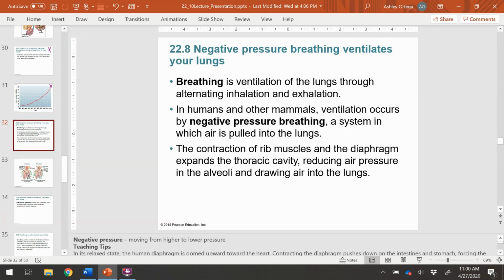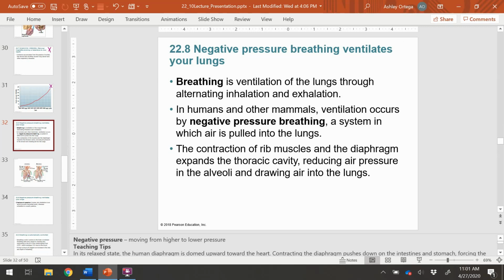Now let's take a look at breathing in terms of exchanging gases with the environment with our lungs. Breathing is ventilation, so the flow of air into and out of the respiratory system is ventilation. And so breathing is ventilation of the lungs through alternating inhaling and exhaling.